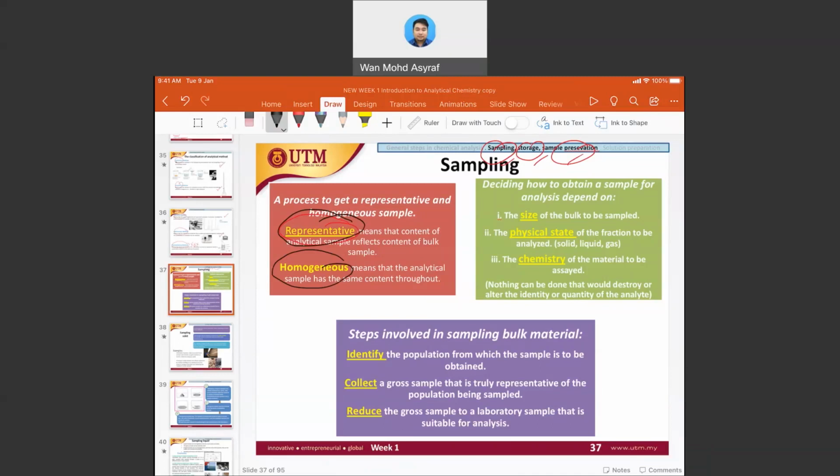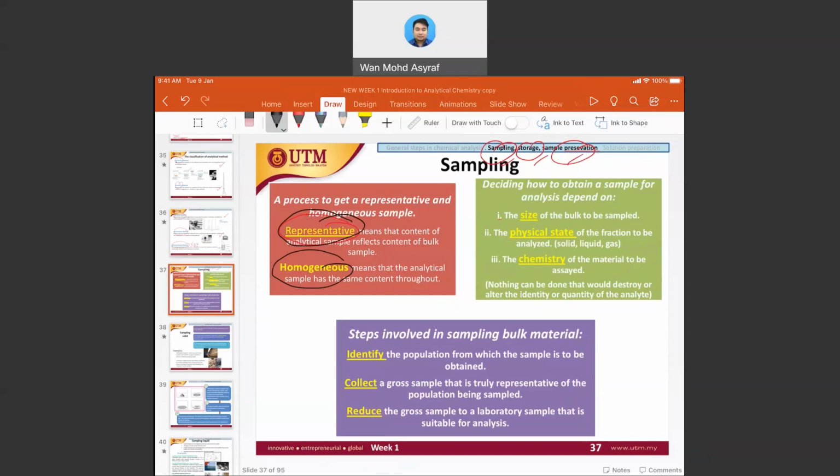So for example, in the case of a fish that has died, we want to know the cause of death, whether it was intoxicated, or whether it was a low oxygen level.